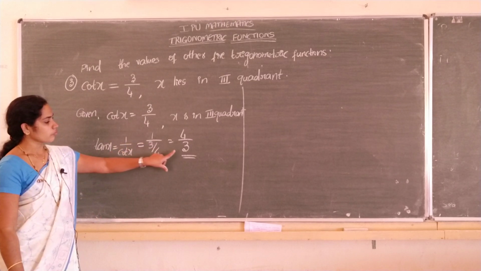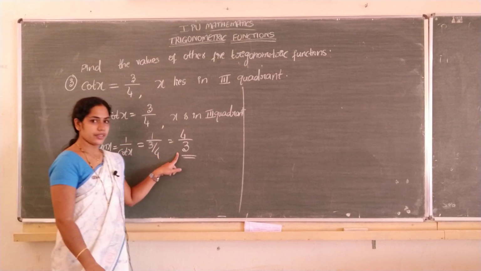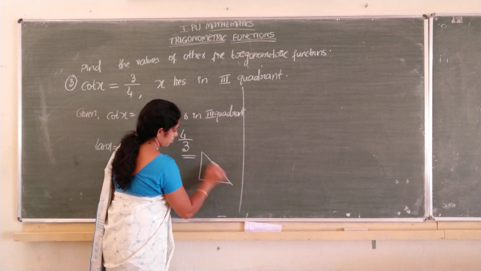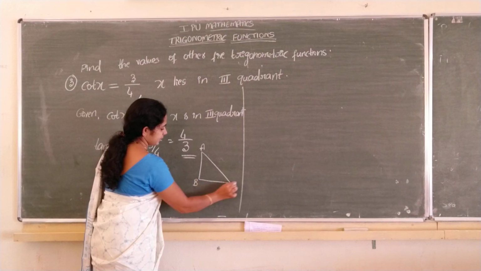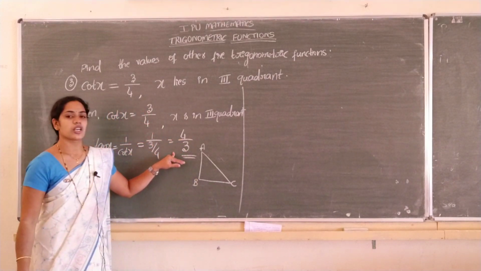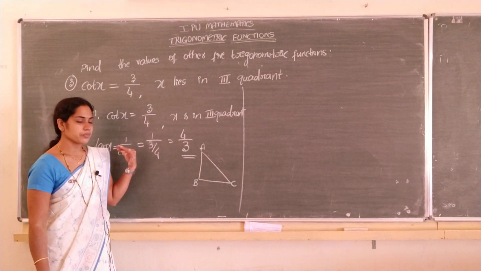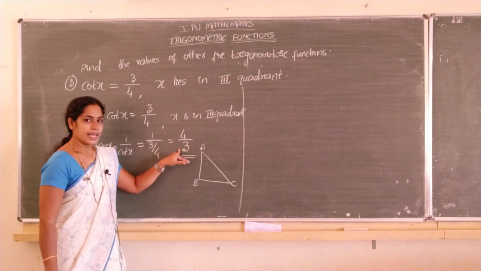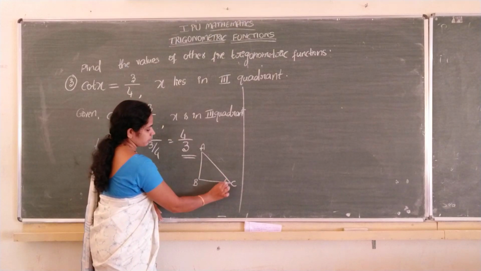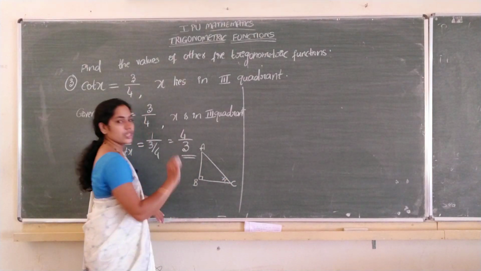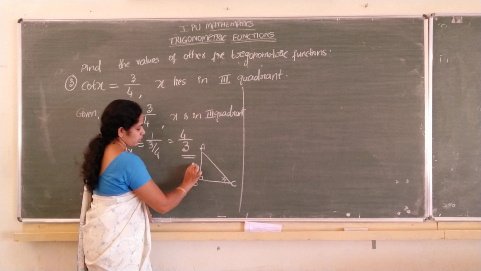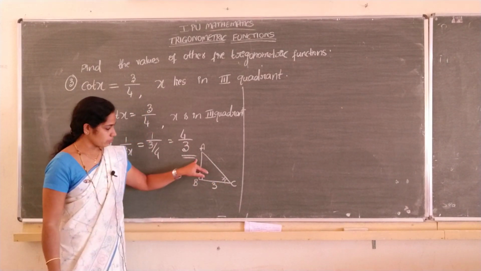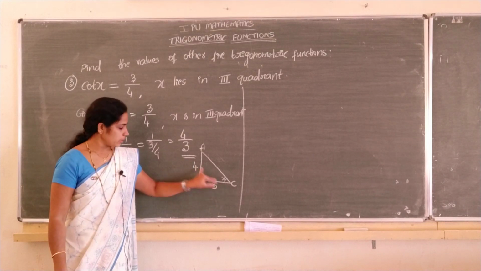Now we have to find sin and cos by a triangle. Let us take ABC. Tan x can be defined as opposite by adjacent. Let us take this angle as x, and this is 90 degrees. Opposite is 4, adjacent is 3.